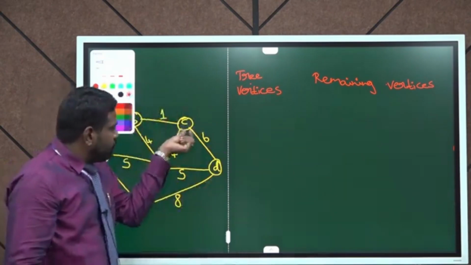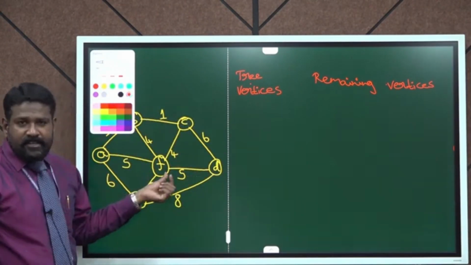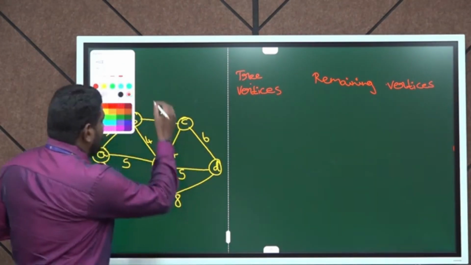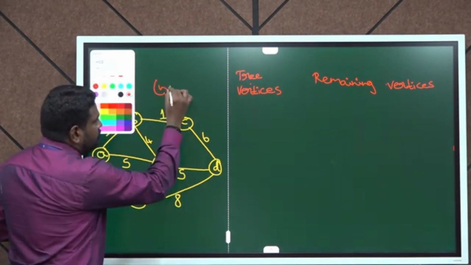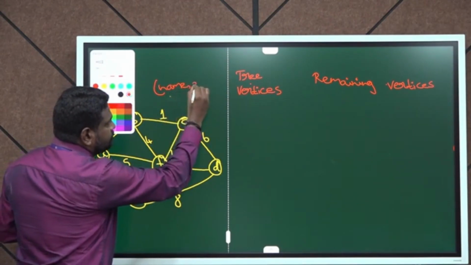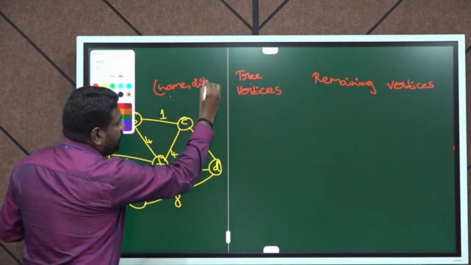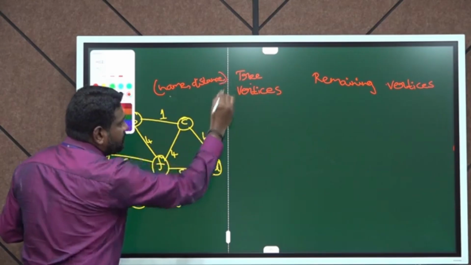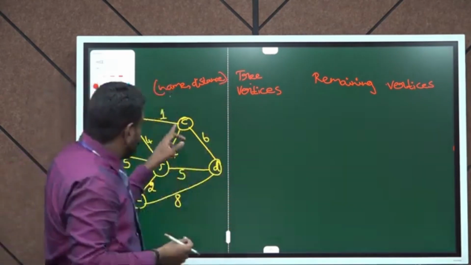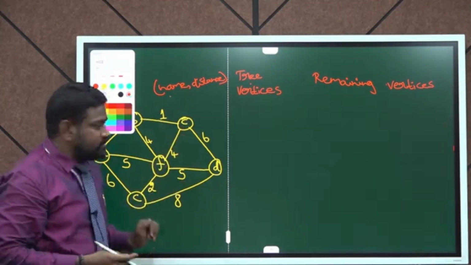So for each, here you can see we have 6 different vertices. For each vertex we are going to give 2 labels. So the labels are the name of the nearest vertex and the distance value. Likewise we are going to find out for each vertex.